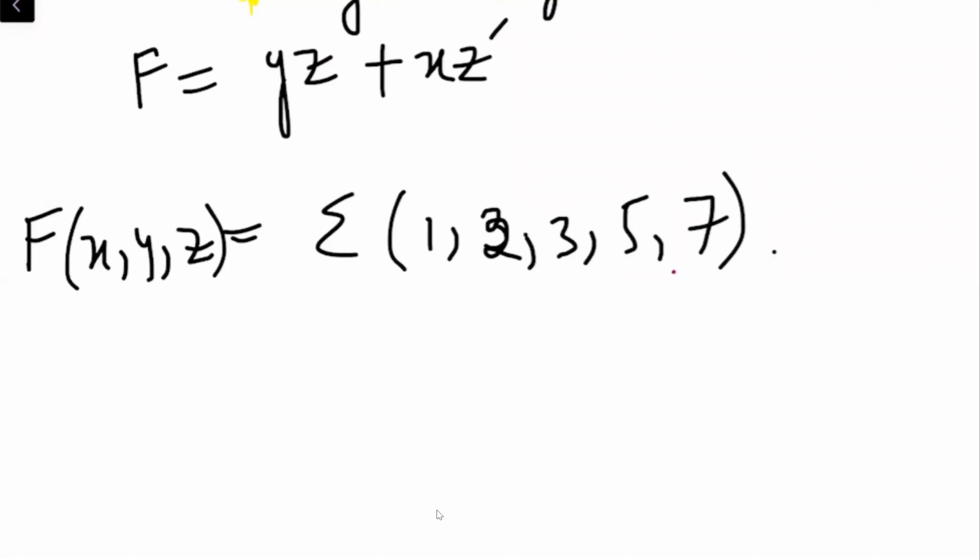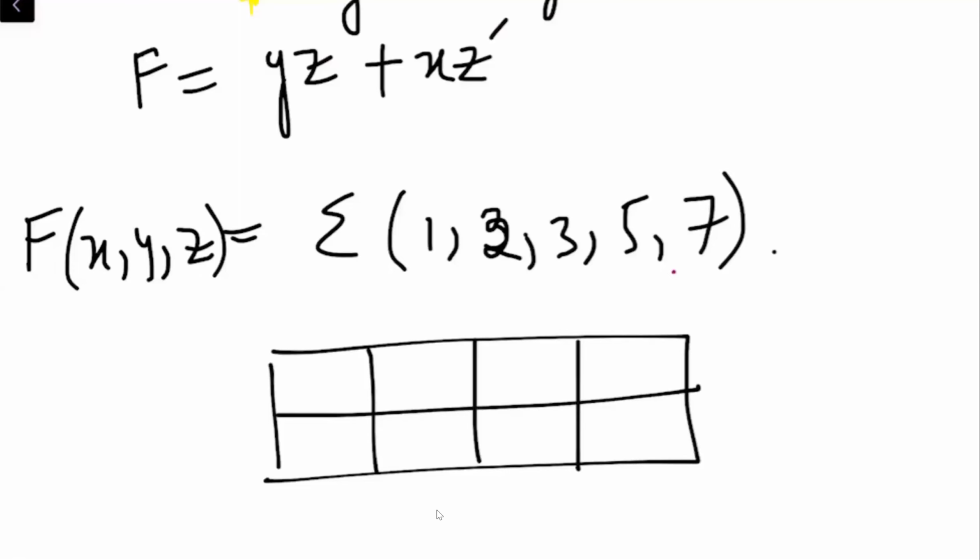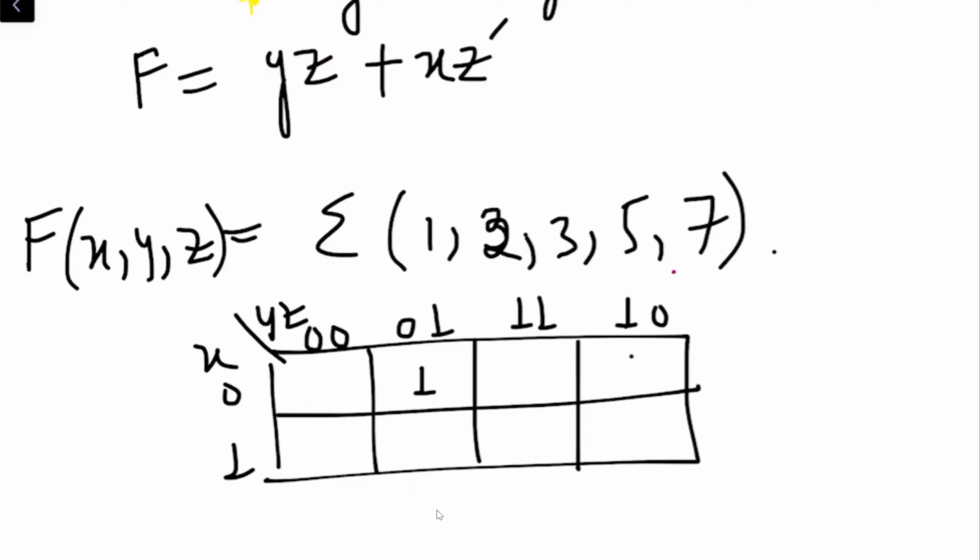What we can do from here is again have the 8 boxes, because the variables are 3 in number: x, y, z. So 0 1 0 0 0 1 1 1 and 1 0. So 1 2 3 5 and 7, right?